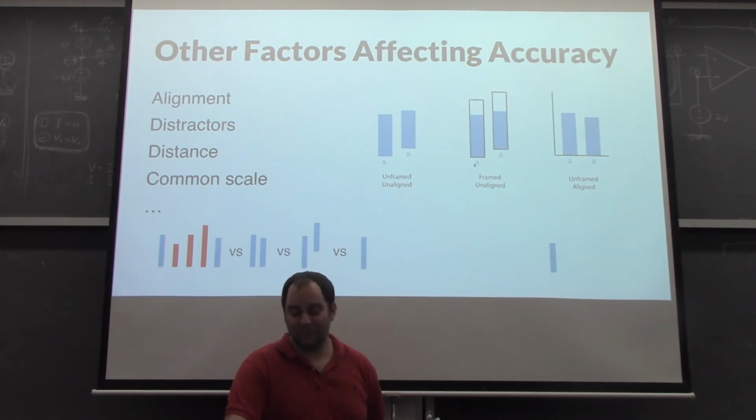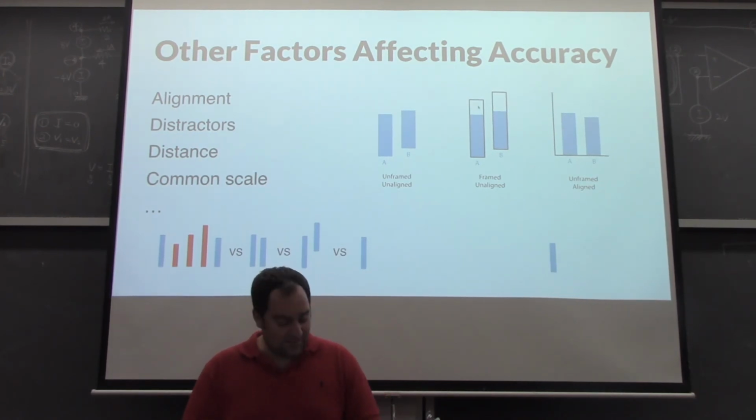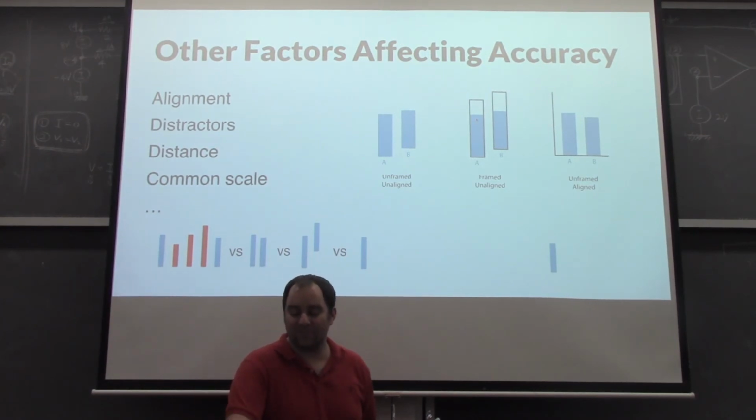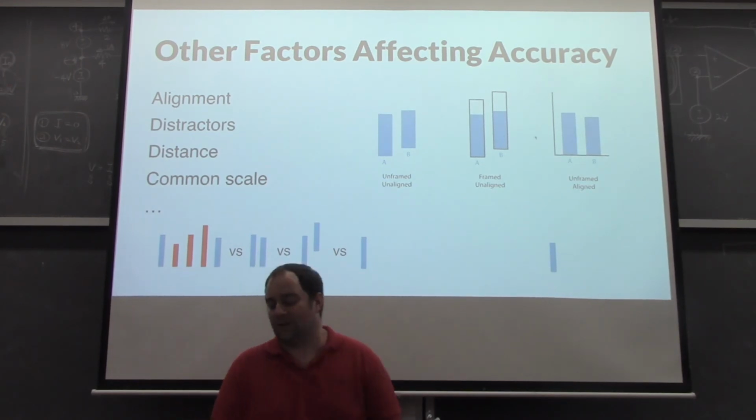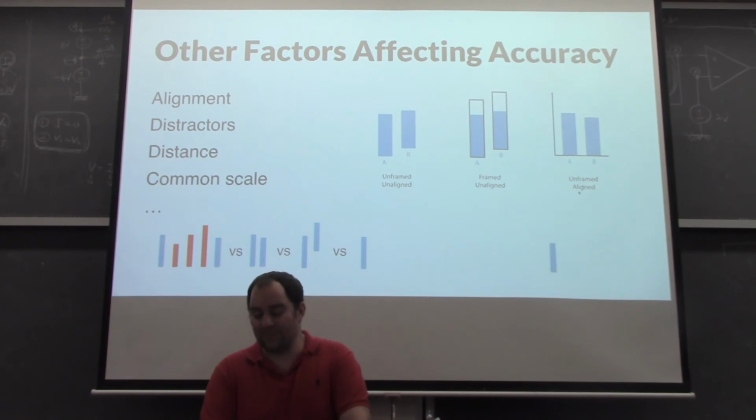With bar chart A and bar chart B, we can make these comparisons in a better way, because we can also judge the proportions between those ratios instead of just judging the length. If we have unframed but aligned bars, it is very easy for us to see that A is bigger than B. And then here we have a couple of distractors. So this here is harder to compare than this or this or this.